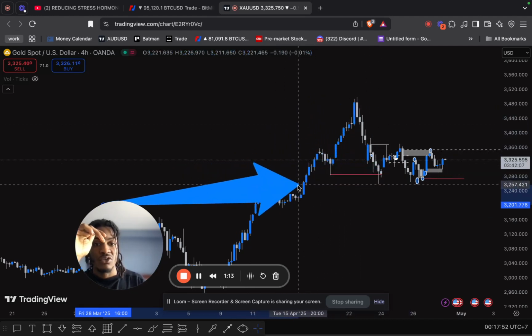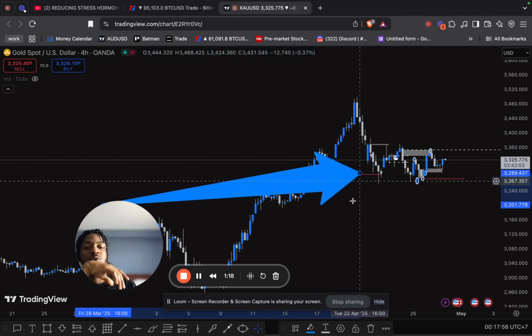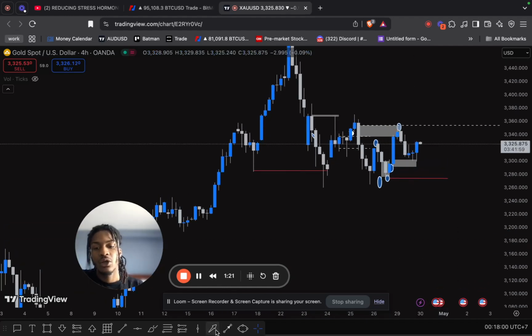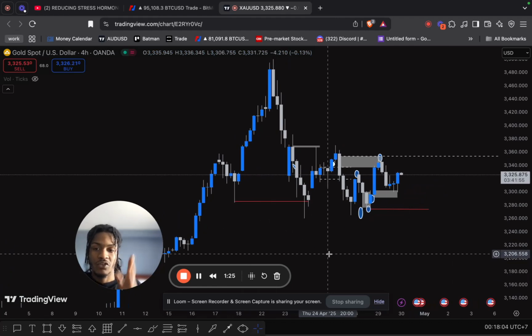It could be retracing to a lower level here, but the fact that it did that was interesting to me. So I drew that red line as a break of structure, which is basically a disruption of a trend. If a trend's direction is going up and the price breaks that, then it's a break of structure. So I called that my BOS.